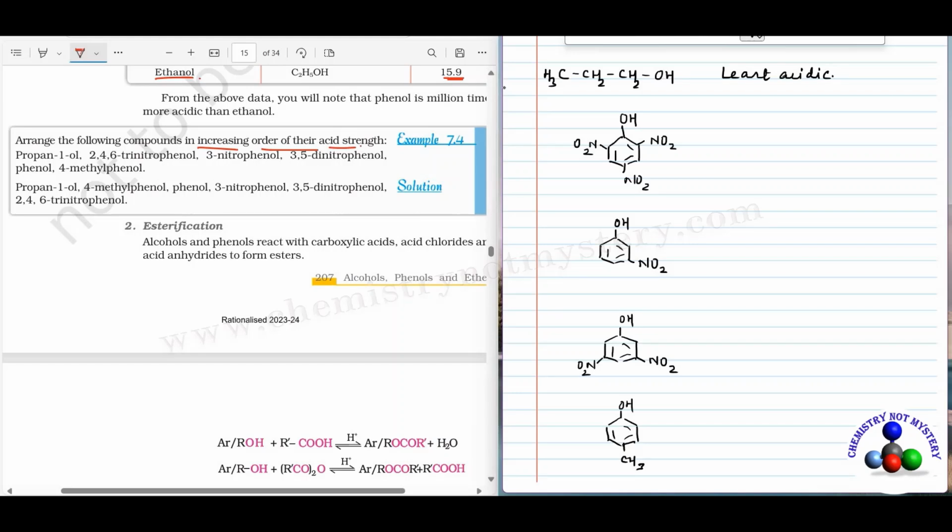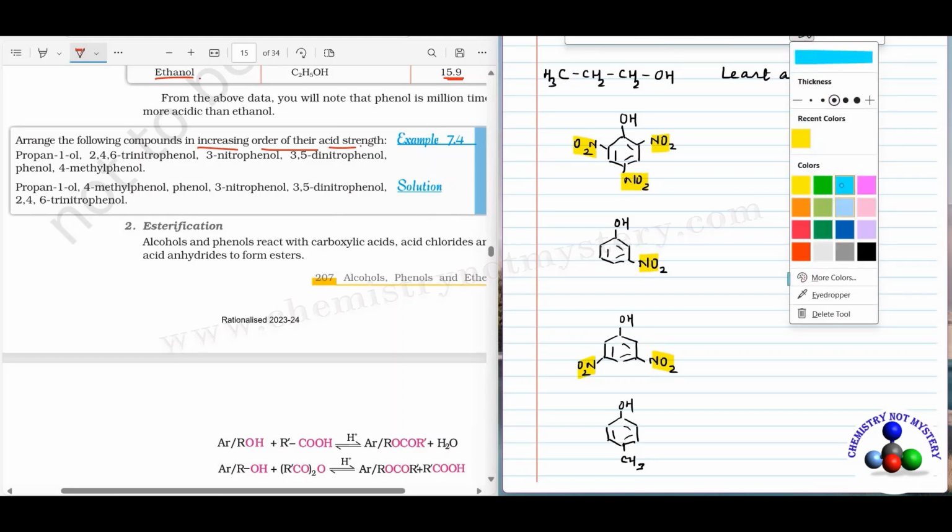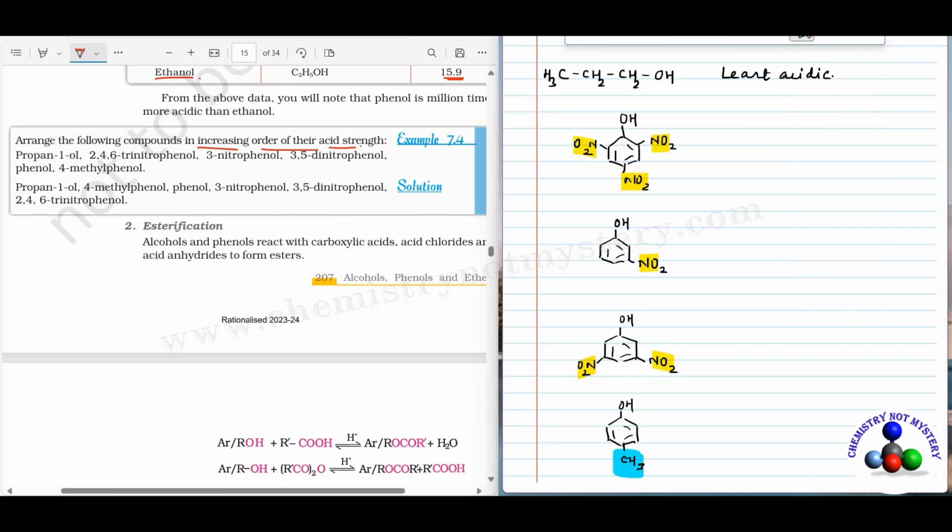Now we have to compare between the phenol derivatives. Nitro groups are electron withdrawing groups. Here these are the nitro groups, so they all are electron withdrawing groups, means they will increase the acidity of phenol. But here this methyl group is an electron donating group.